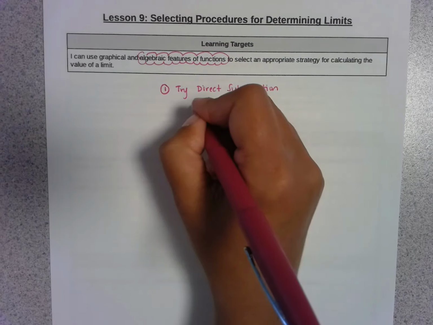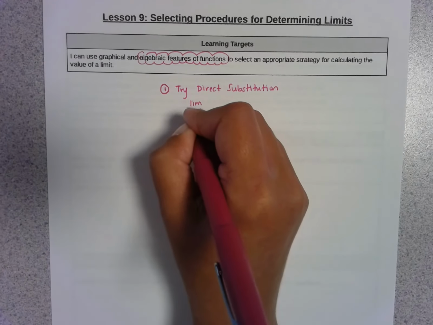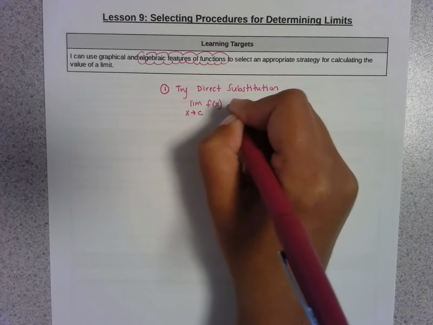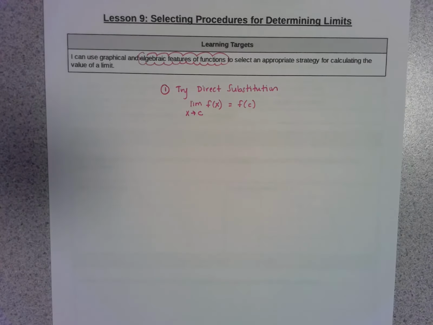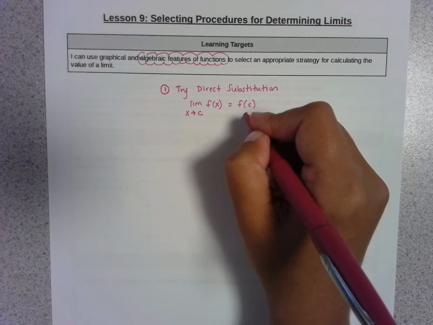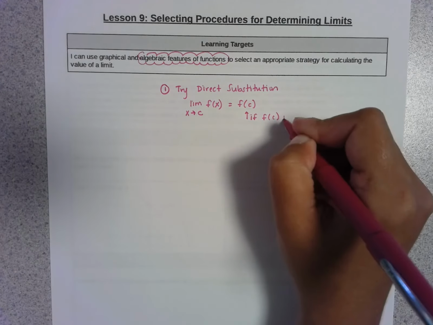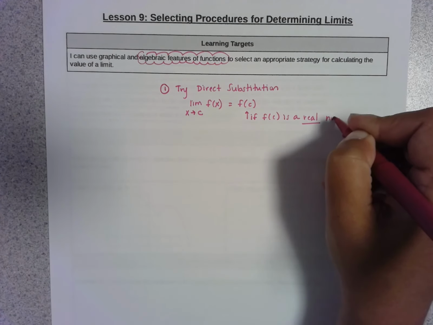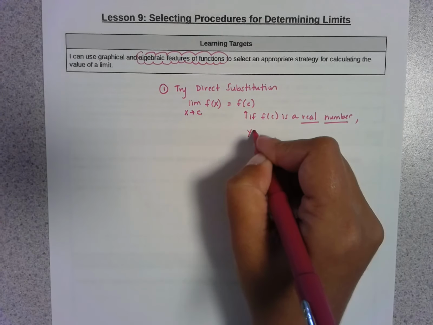If the limit as x approaches c of f of x, and you plug in the c value and you get a real number, then you're done.